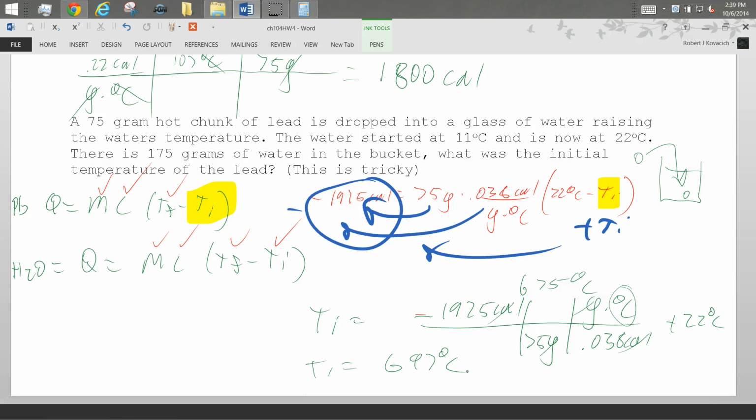How many sig figs do you have? 2, right? So I have to get rid of the 7, but if I get rid of the 7, I have to round the 9 up to a 10, which gives me 700. So is this my answer? That's not it.